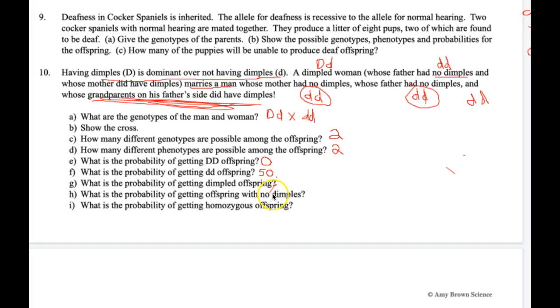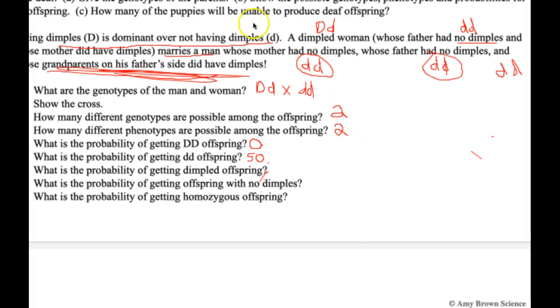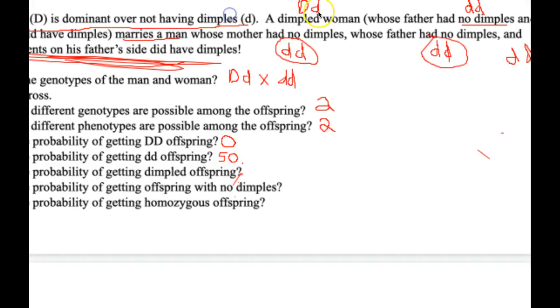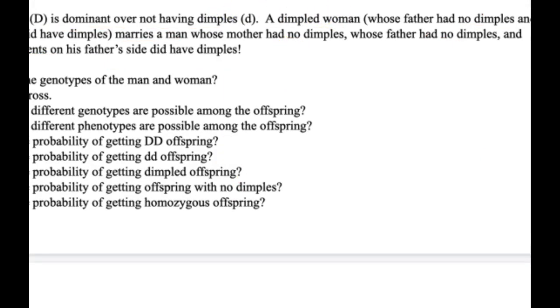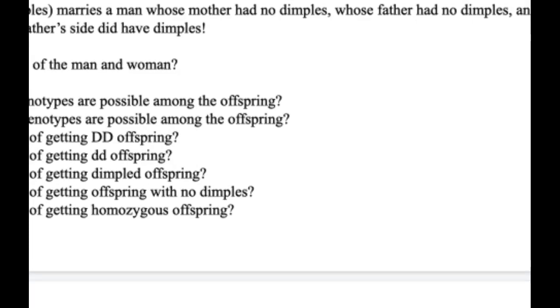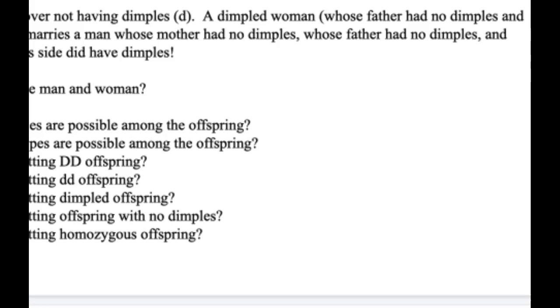Whoa, I don't know what happened there. But sorry, my screen's messed up here.